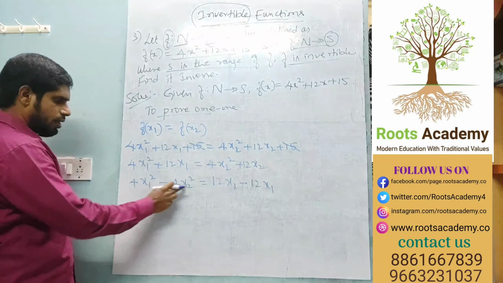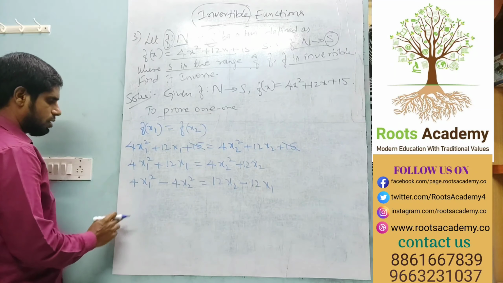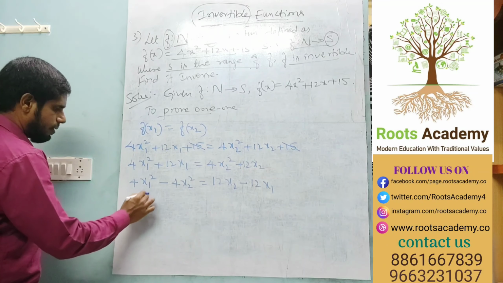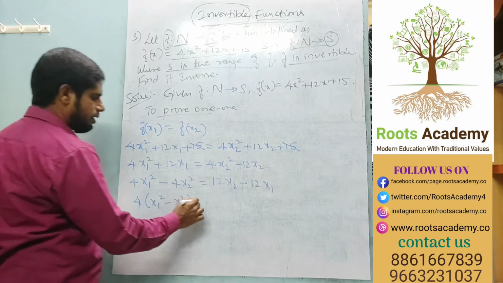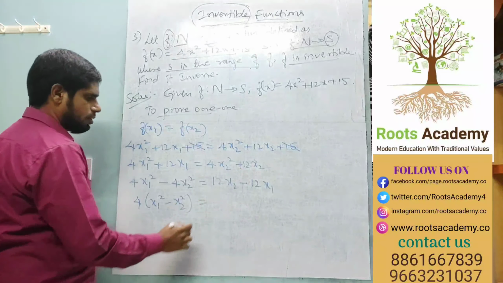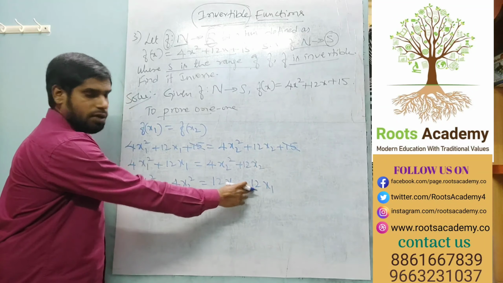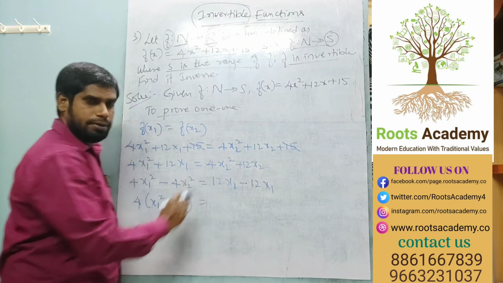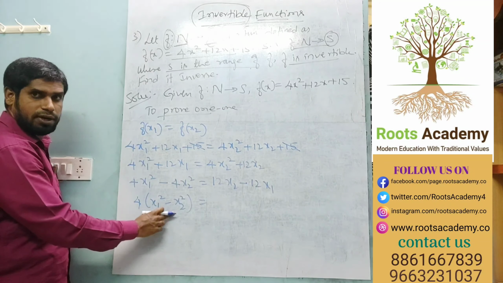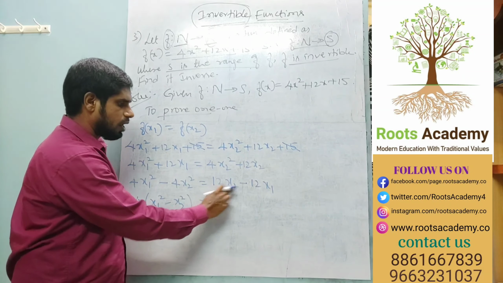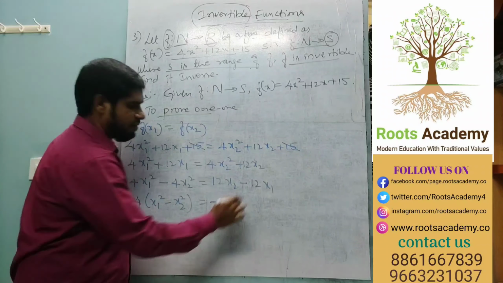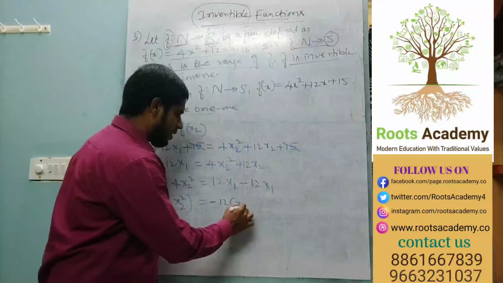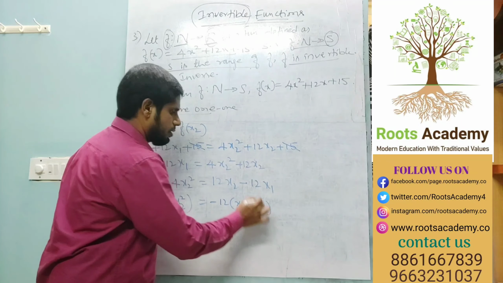Now student, here I can take this 4 outside: x1 square minus x2 square. Again here, minus 12 I will take common because I want x1 minus x2 format, so for that reason I will take minus 12 common. If I take minus outside, then I will get x1 minus x2.